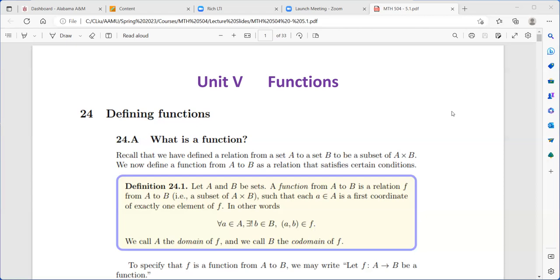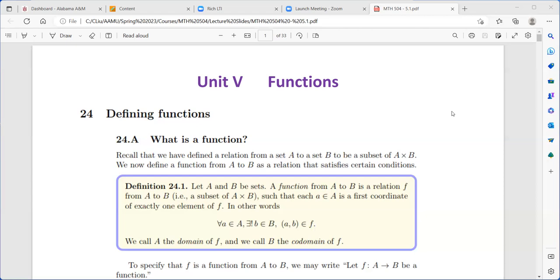So it's a special type of relation. Since we already defined relations based on sets, we're going to use the same strategy here.